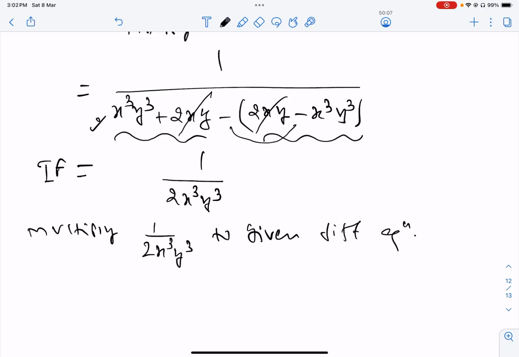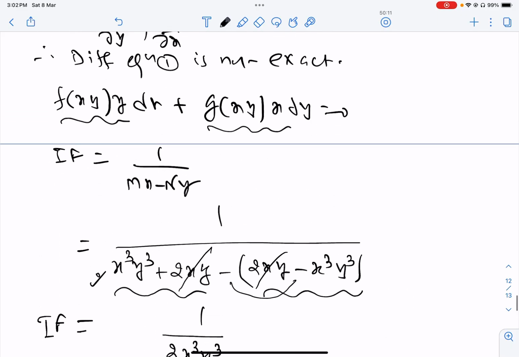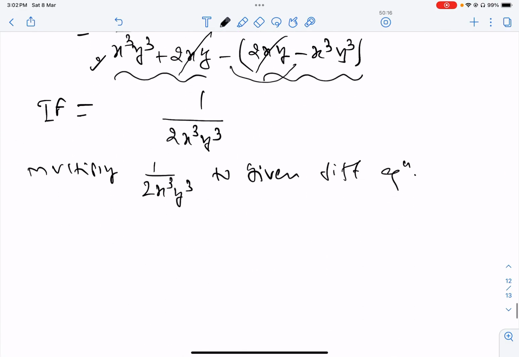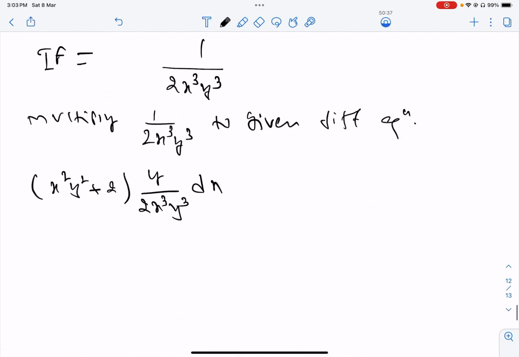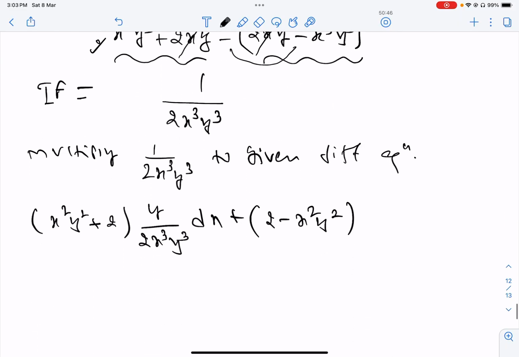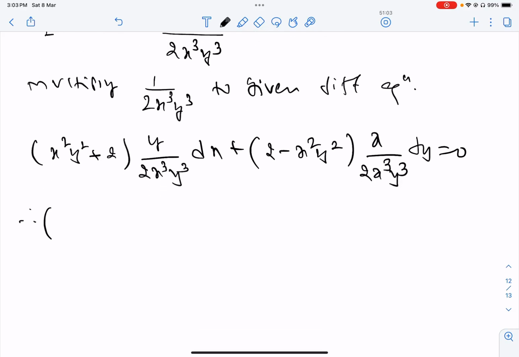So here, x square y square plus 2, with y outside, and we multiply 1 upon 2 x cube y cube, dx, then plus 2 minus x square y square, and x outside, multiplied by 1 upon 2 x cube y cube, dy equal to 0.